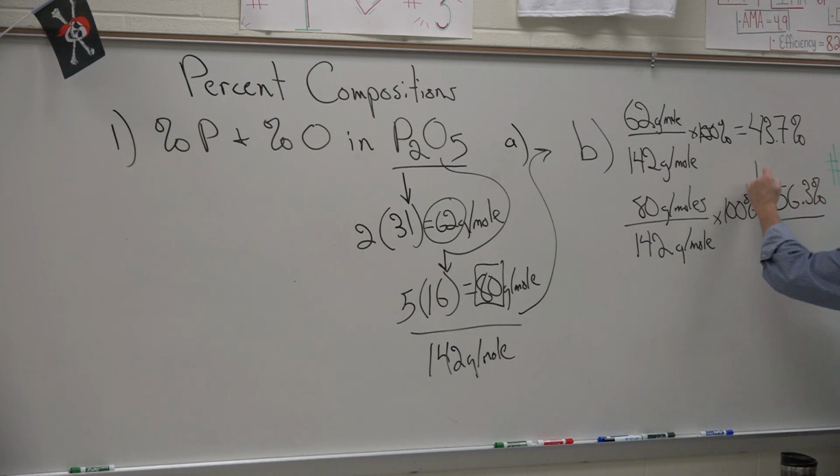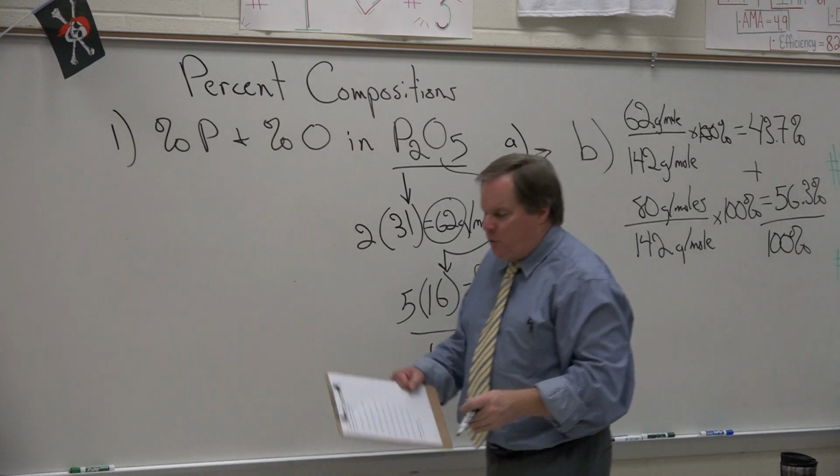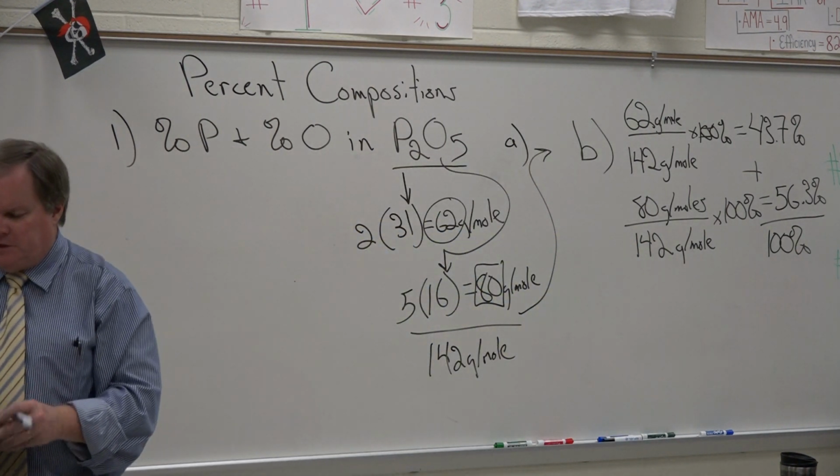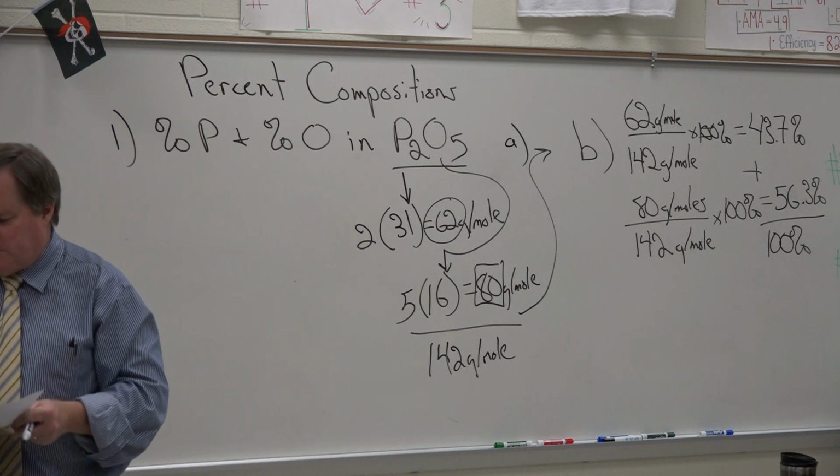Now, when I add these two together, the 43.7 and the 56.3, should make 100. Kareem, spot on. Should make up 100%. That's how you can check your work on these. If they don't equal 100%, you've screwed up somewhere, exactly.